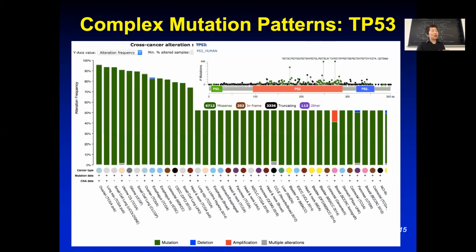Yeah, so if it's a truncating mutation, you will have a protein loss. It turns out the wild type P53, when it's normal, prevents tumor growth. Actually, it's important for DNA damage repair. If something is wrong with your DNA, P53 is there to help with sensing or fixing those errors.